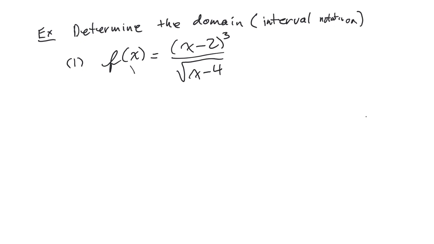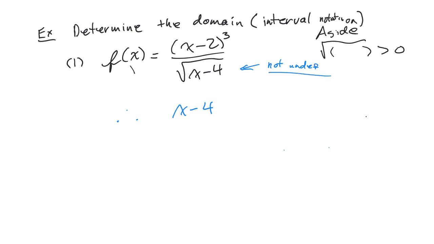Now, as an aside, anytime we have a square root function, whatever is underneath here has to be greater than 0. So the x minus 4 underneath the square root sign has to be greater than 0 in order to make this not be undefined. We don't want it undefined, right?